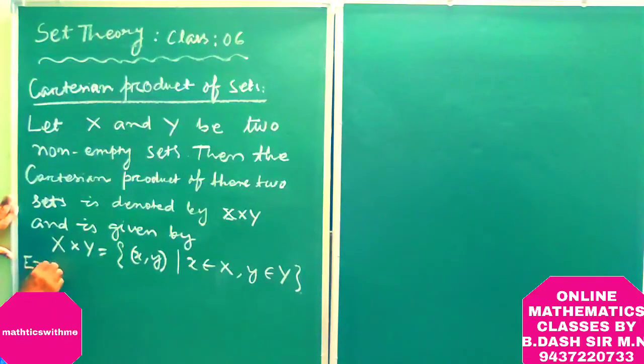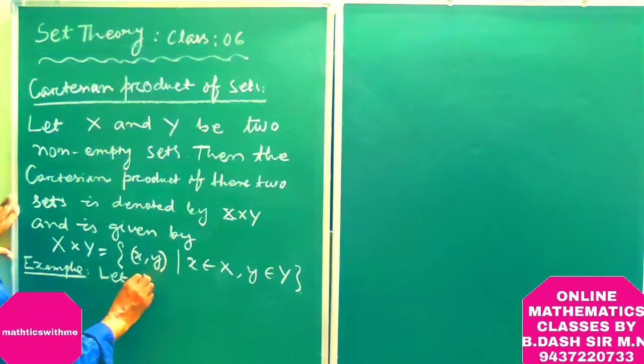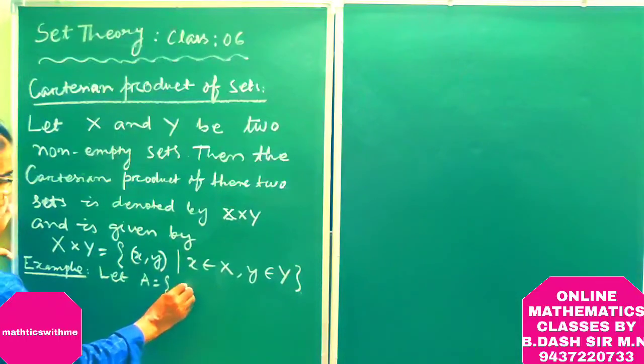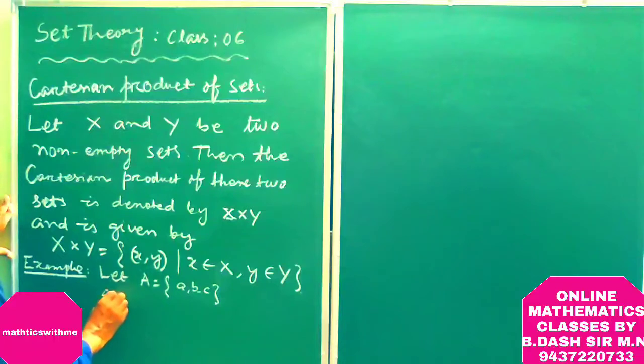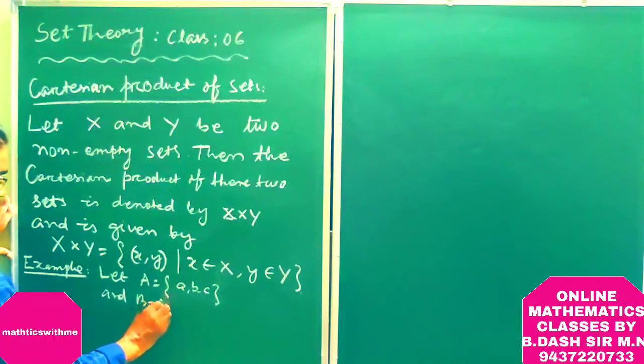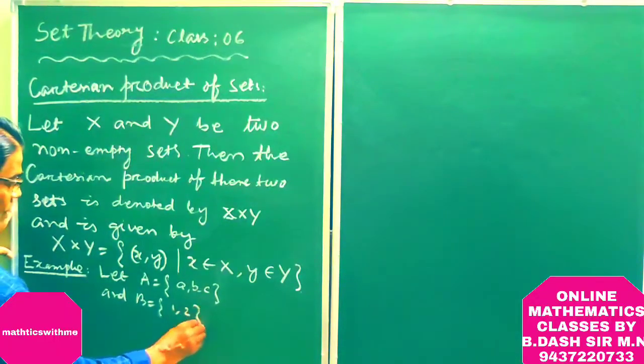Now, example. Let A is equal to {a, b, c} and B is equal to {1, 2}.